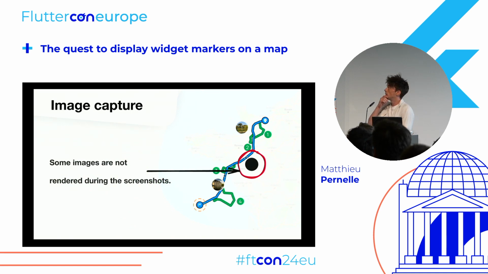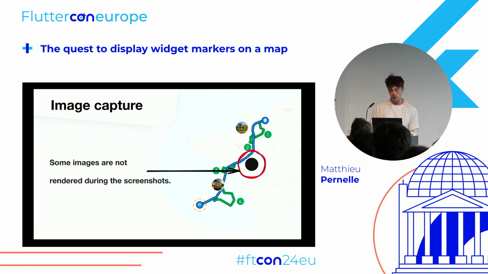This was scary because if you ever did golden test or screenshot, you know that images are not consistently rendered. And that's expected because Flutter won't wait for a 10 megabytes image from network to load before rendering a frame.